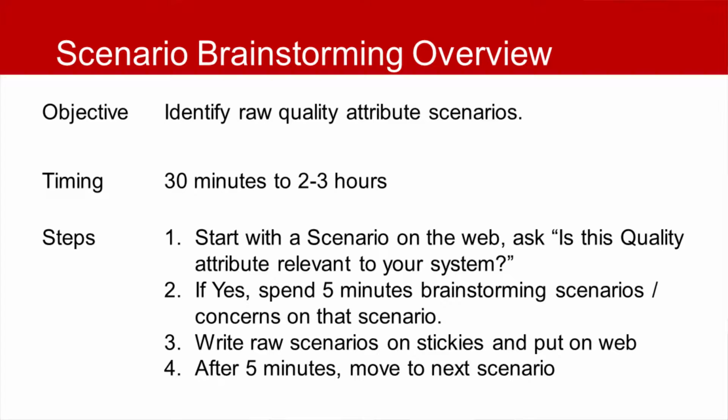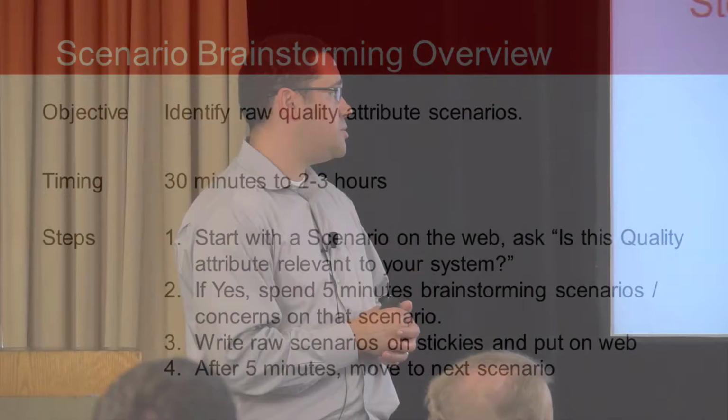If yes, then you take the time. You spend about 5 minutes per each of these quality attributes and brainstorm scenarios, risks and concerns that you may have on the stickies. You write the scenarios on the stickies and you put them on the web in the line related to that particular quality attribute. And then after 5 minutes, you move on to the next one.